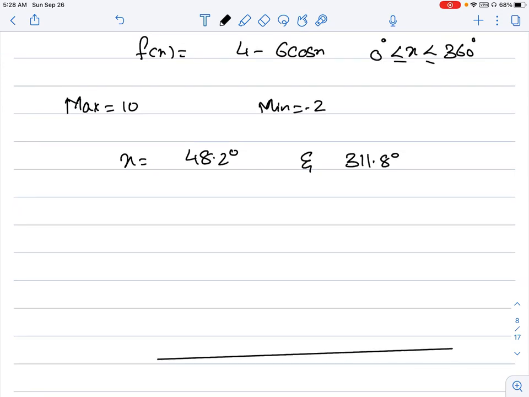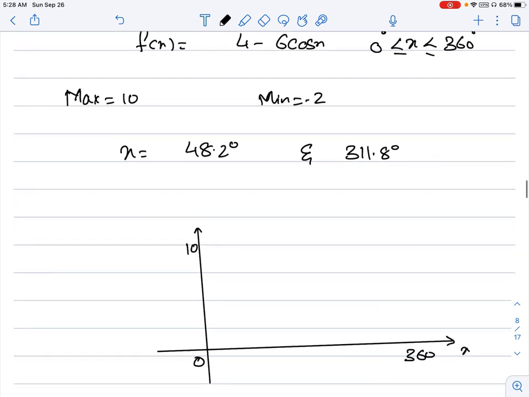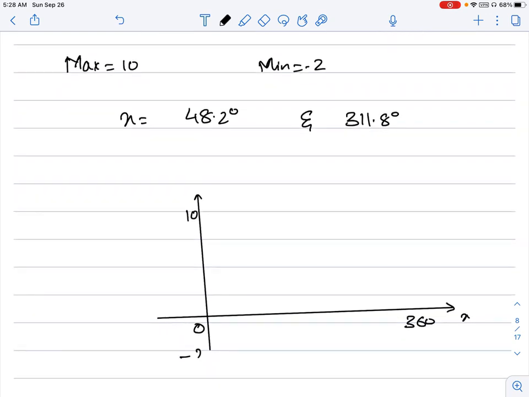So I draw the x-axis quickly and the y-axis. On the x-axis it is 0 to 360. On the y-axis we want the maximum value as 10 and the minimum value as minus 2.